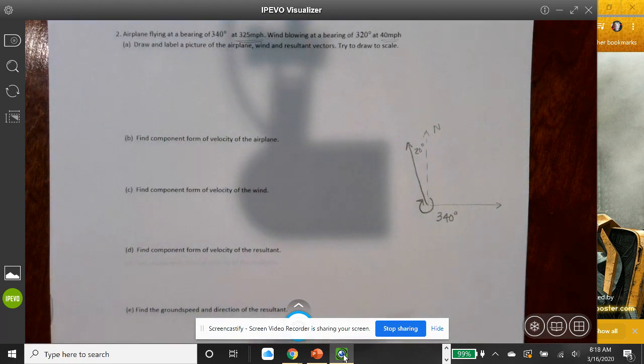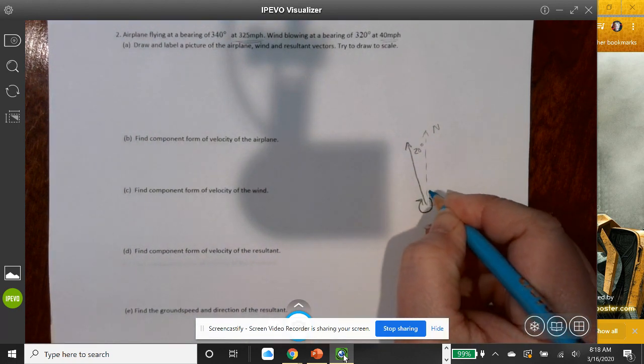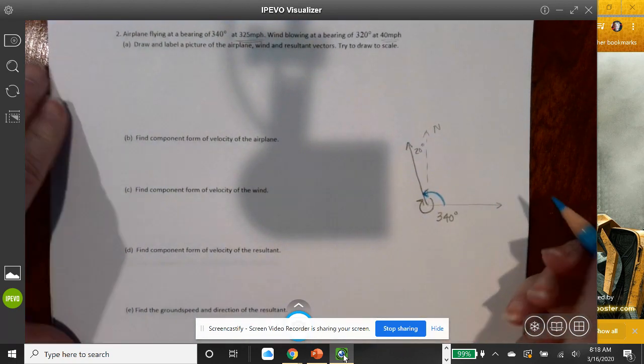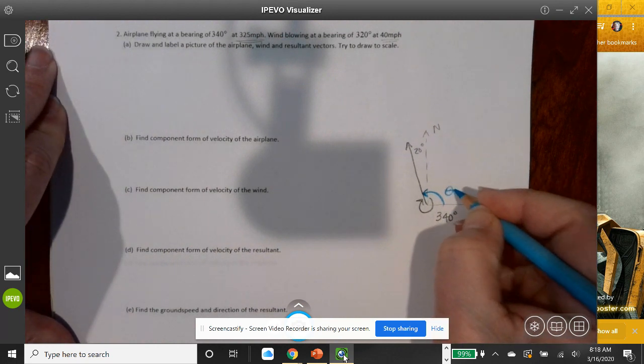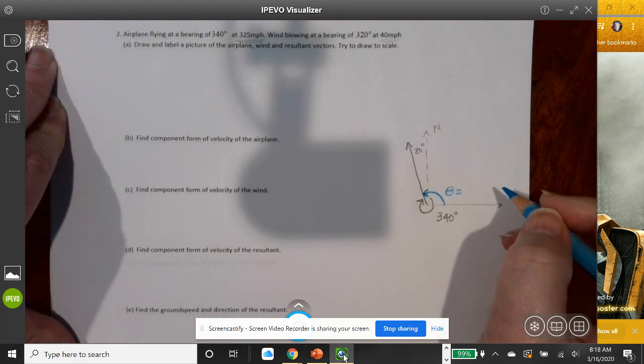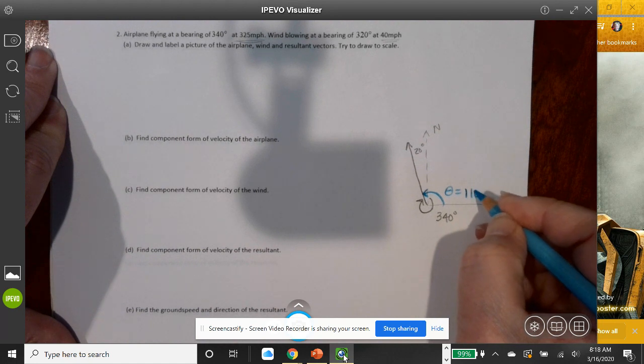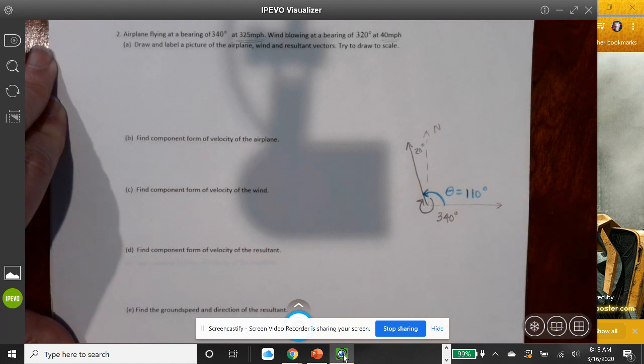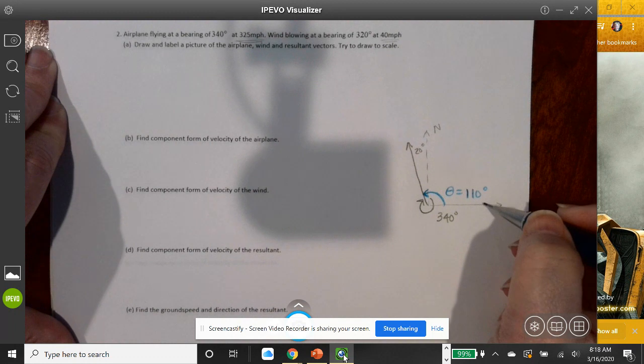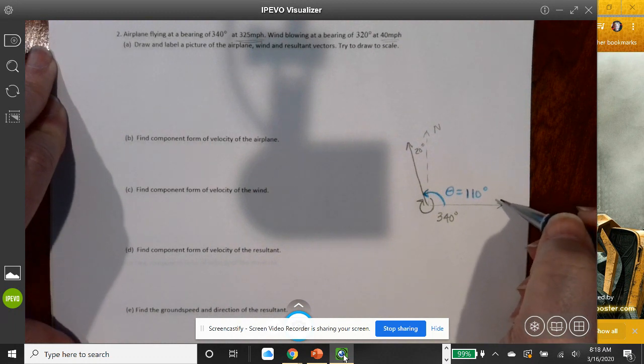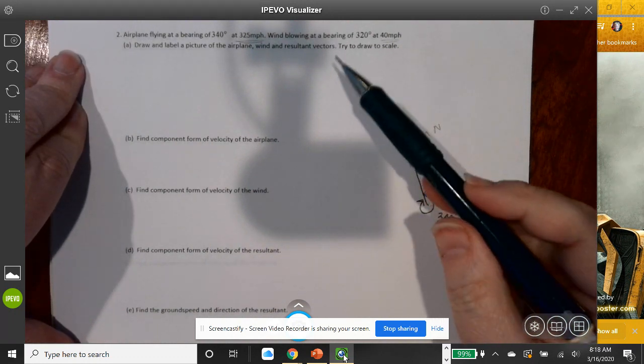I need to find this angle because that's the measurement with the horizontal. And so theta in this case is going to be 90 plus 20, which is 110. So we know the airplane direction angle now.